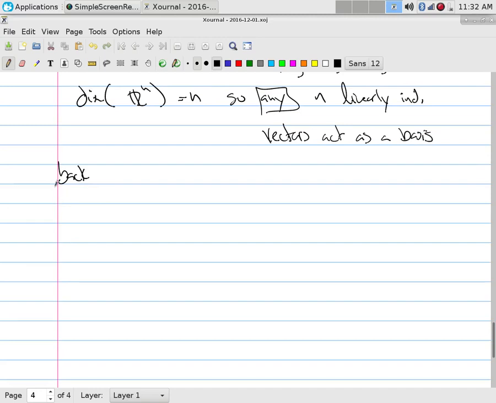Right. Yep. So let's go back to A is factorized as X D X inverse. X is equal to x1 up to xn. How many eigenvectors are there? n.